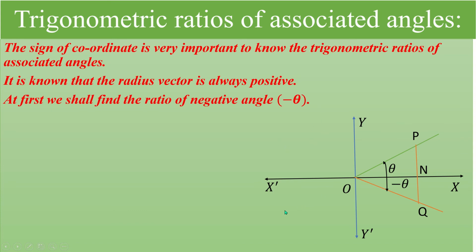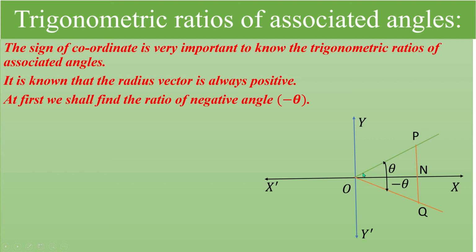In the third quadrant, both abscissa and ordinate are negative, but in the fourth quadrant, x is positive, that means abscissa is positive, but ordinate negative. Clear? That means the coordinate of P will have abscissa positive and ordinate positive, but the coordinate of Q will have x positive but y negative.